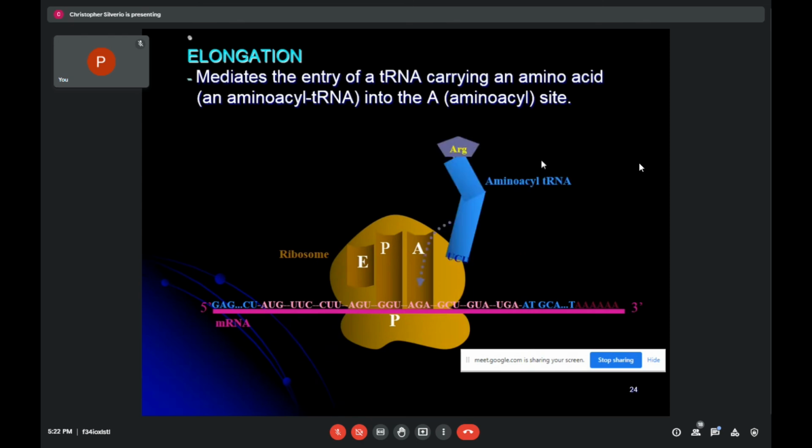The elongation factor mediates the entry of a transfer RNA carrying an amino acid into the A site. Okay, elongation. Here is the transfer RNA carrying the amino acid arginine. This will bind into the A site.